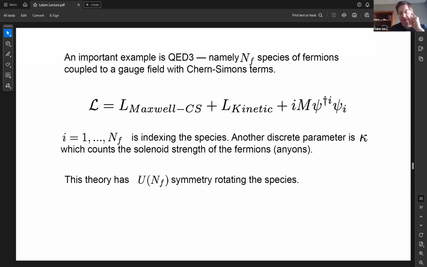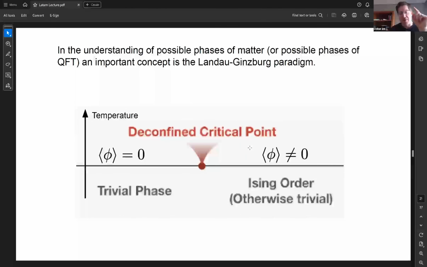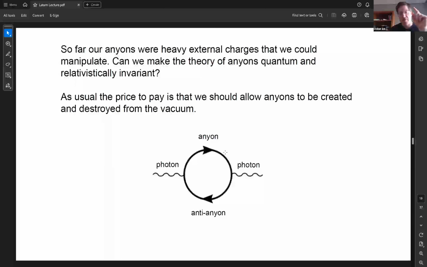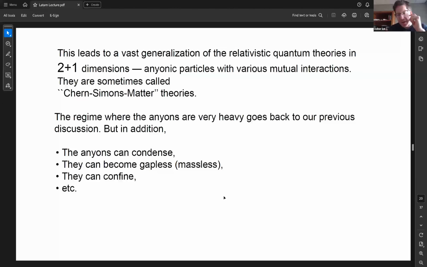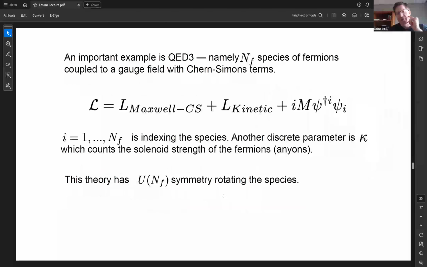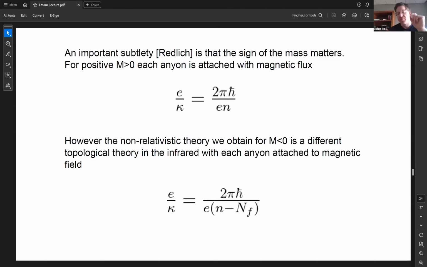But Redlich realized something very deep, which is that it's very important whether the mass is huge and positive or huge and negative. If you calculate this diagram with huge positive mass versus the same diagram with huge negative mass, that's what Redlich did. You'll find that actually the topological order is not the same.